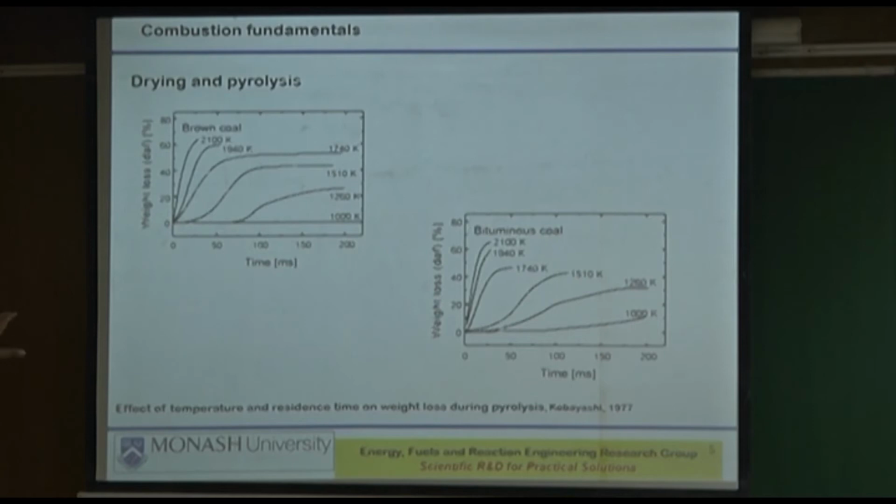And these are not pre-drying cases at all. These are all in situ drying experiments that they did. These are very early but well accepted sets of experimental results from the Japanese.